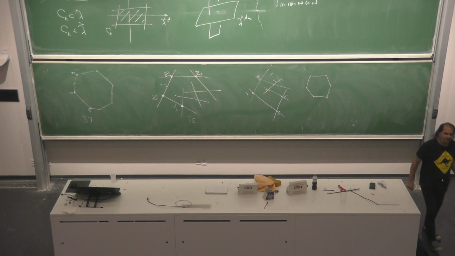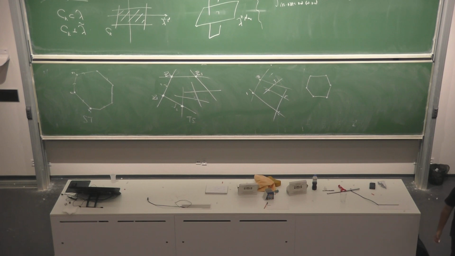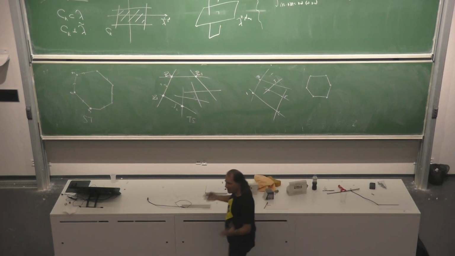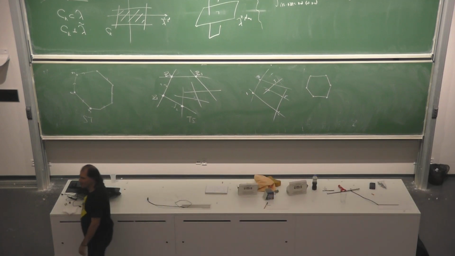Is that clear? And this is really beautiful because now the Z's are completely unconstrained. There's no more constraints. We've managed finally to parameterize the scattering data in terms of completely unconstrained variables.